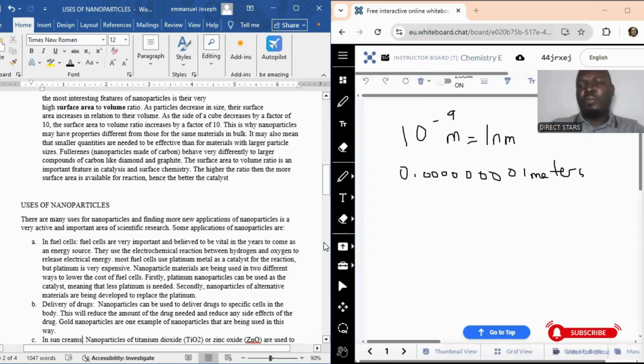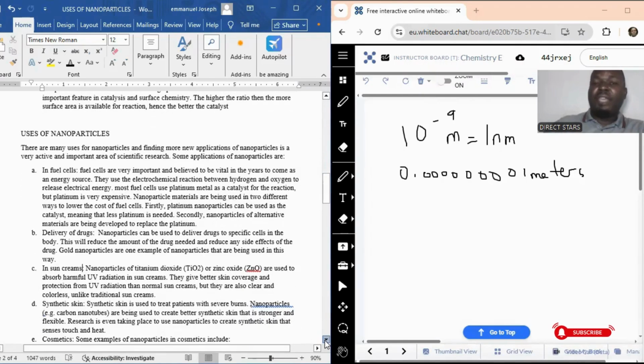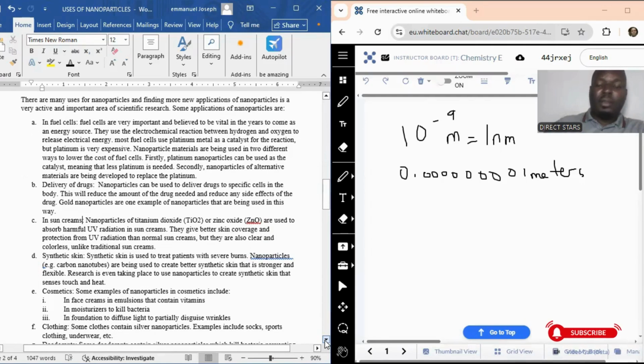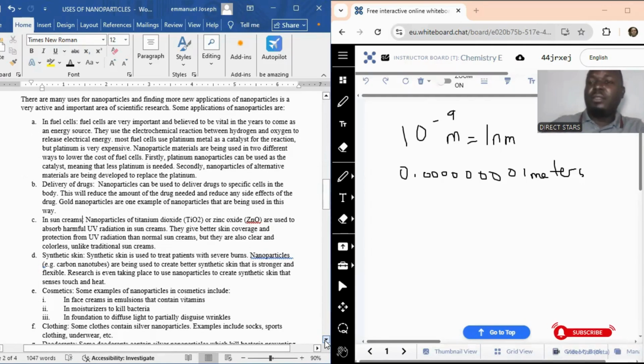Uses of nanoparticles. Nanoparticles have so many applications that have made life easier for us. Even till date, we are still discovering more applications of nanoparticles.